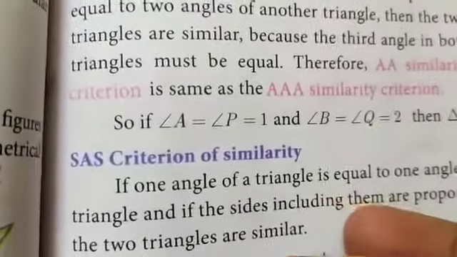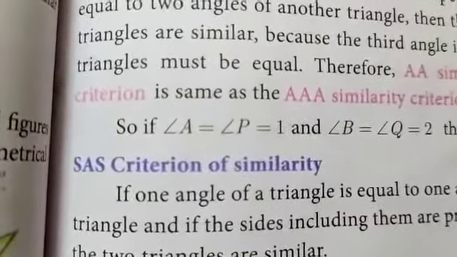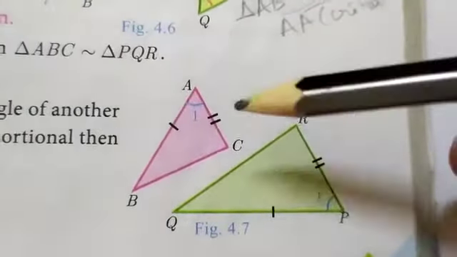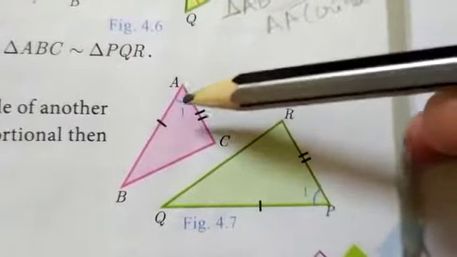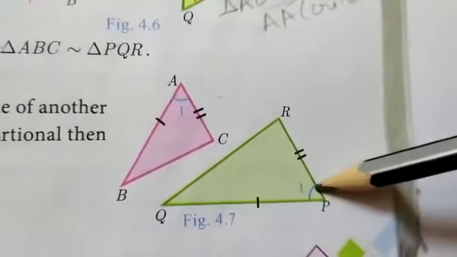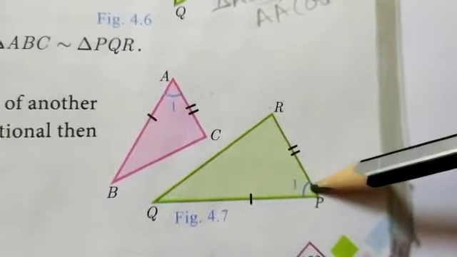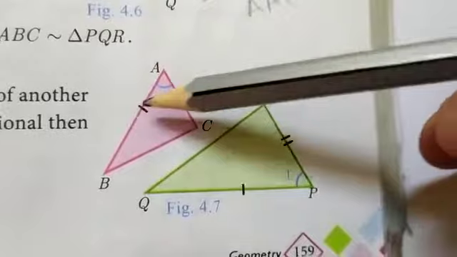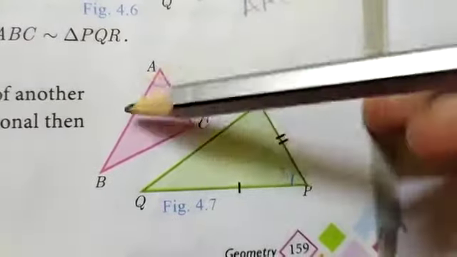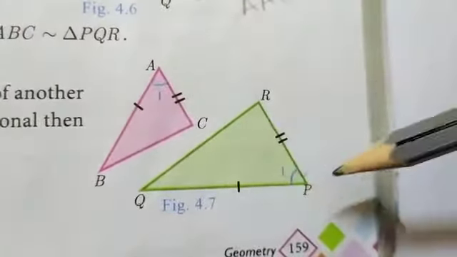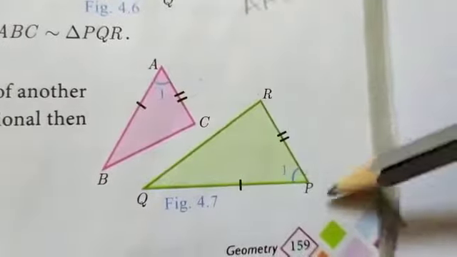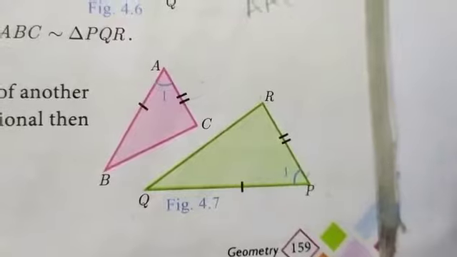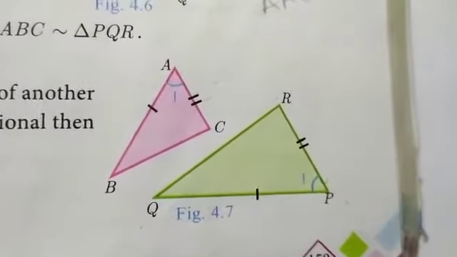Then we are going to the SAS criterion of similarity. So let us take another two triangles. If one angle of a triangle is equal to one angle of another triangle, and the sides including them are proportional, that is AB divided by PQ equal to AC divided by PR, then the two triangles are similar by SAS criterion of similarity.